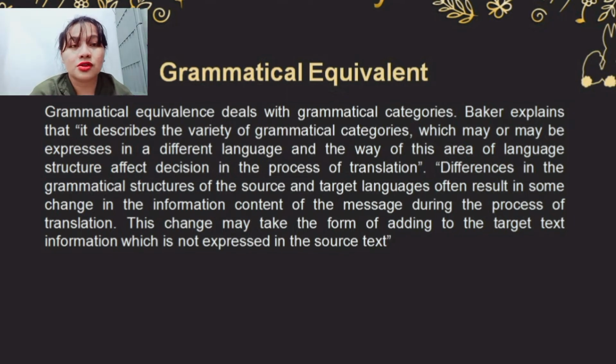The difference in the grammatical structures of the source and target language often results in some changes in the information content of the message during the process of translation. This change may take the form of adding to the target text information which is not expressed in the source text.